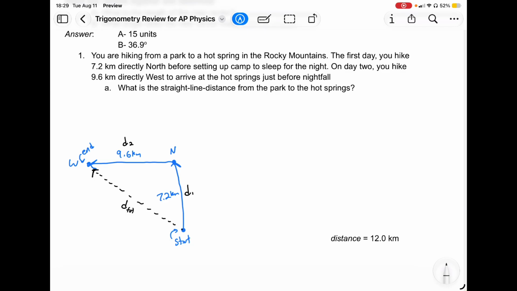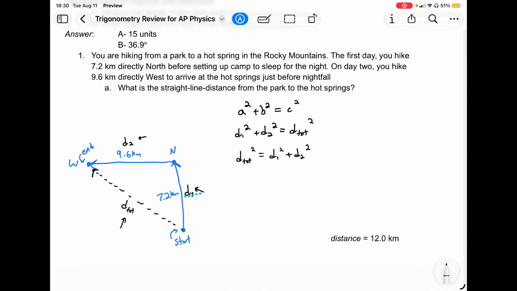So in order to figure out our straight line distance, we know that a squared plus b squared equals c squared. And if I treat d1 as a, that's d1 squared, plus d2 as b, d2 squared, that equals c, which is our hypotenuse, which is d total. So d total squared equals d1 squared plus d2 squared.